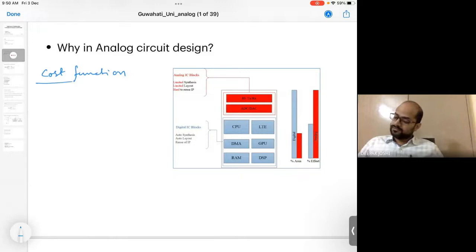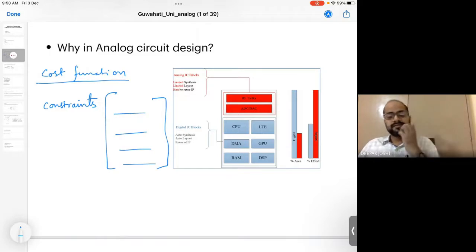Then there is a set of constraints, let's say 2, 3, or any number of constraints on the variables used in the cost function.